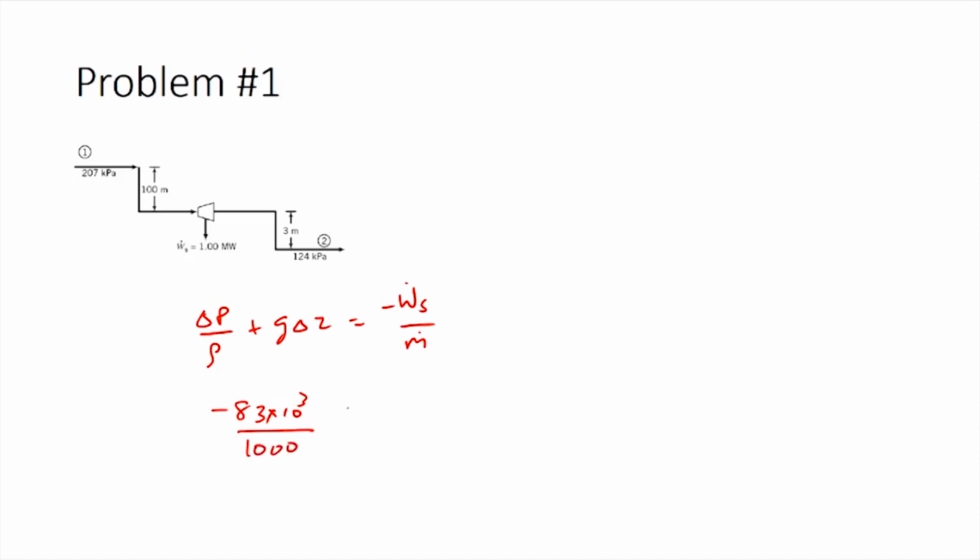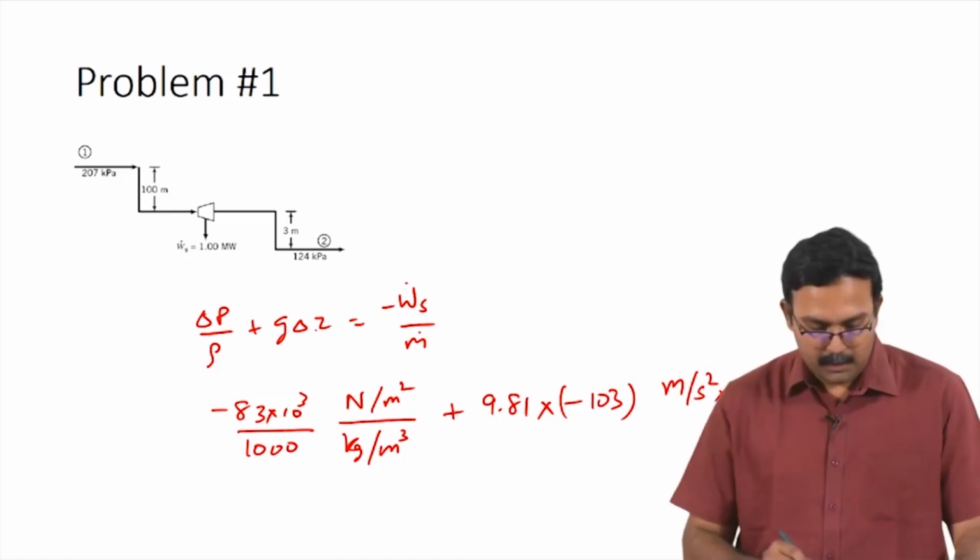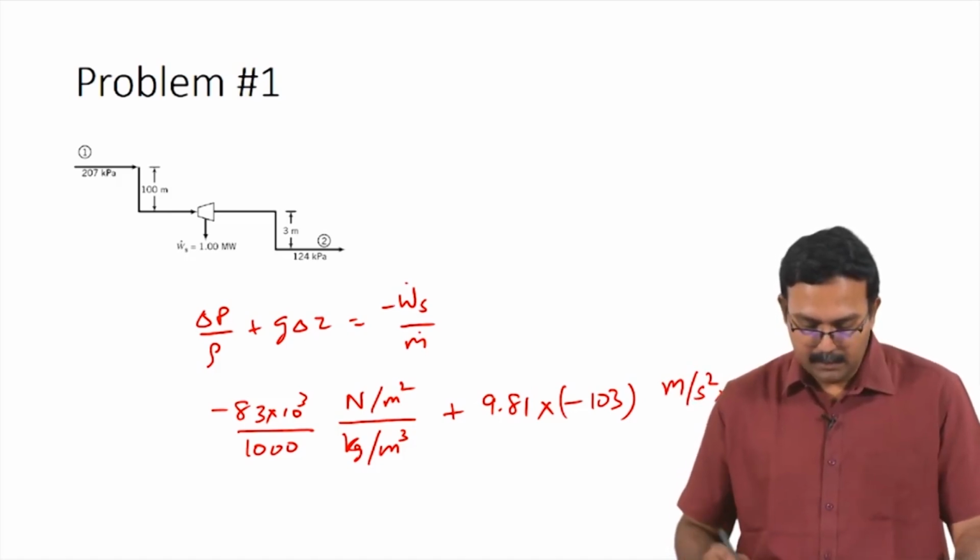So, the units would be Newton per meter squared divided by kilograms per meter cube, plus g, which is 9.81, times delta z, which is minus 103. The units would be meters per second squared times delta z in meters.